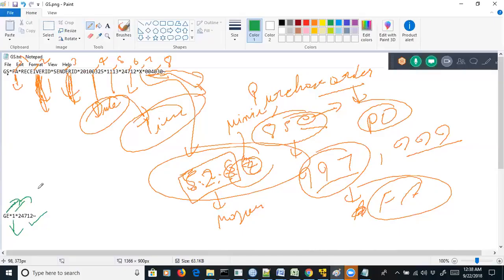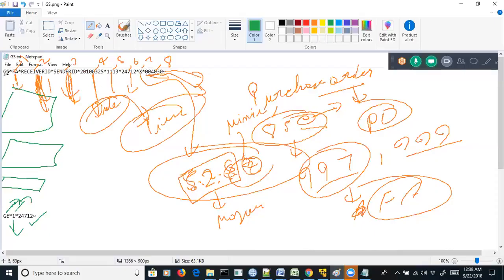The group header groups or encloses your STs.